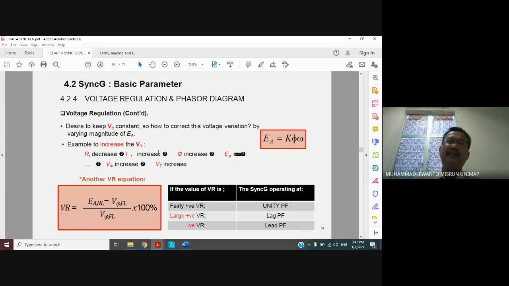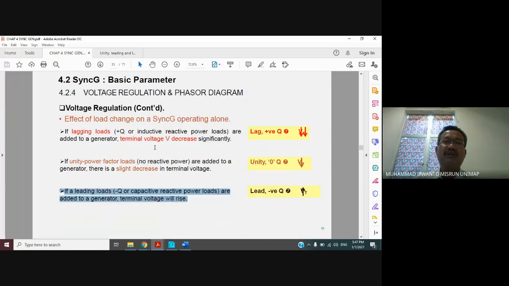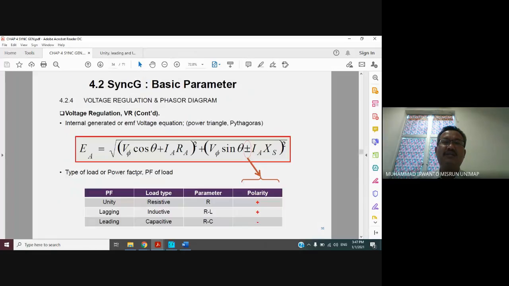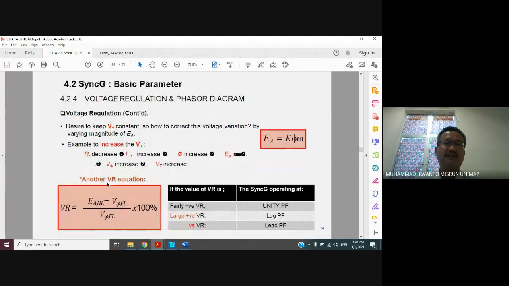Okay, and then remember when we have the formulation of the voltage regulation, another formulation can be used, when we have the internal voltage at no load and the phase voltage at full load.